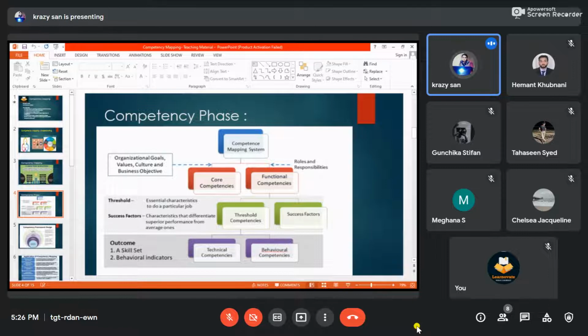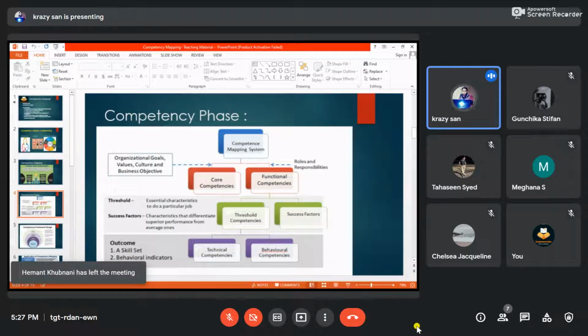So with the balanced functionals, all this has to be properly measured and identified, and if there is something an organization has to contribute to bring out the major competencies of the employees, that has to be done by the HR sector. Till here, any confusion, guys?